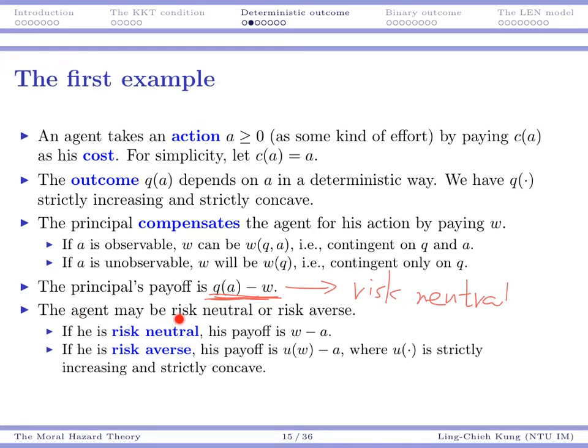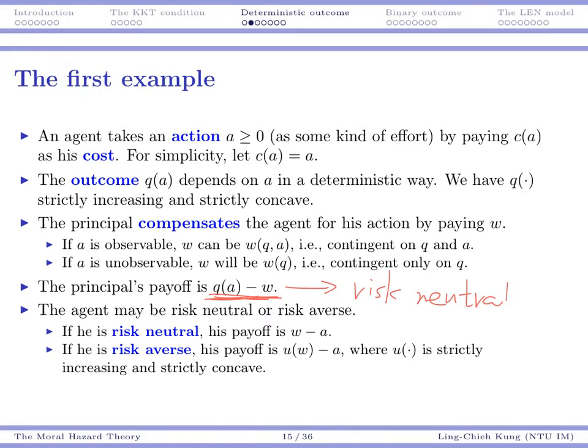For the agent, there may be two scenarios. If the agent is risk neutral, then again he also only cares about money, the monetary values of his income and outcome. So the payoff would be W minus A. W is the salary, A is the cost. But if the agent is risk averse, then W becomes U of W. Okay, U of W. Your earning needs to be put into the utility function.